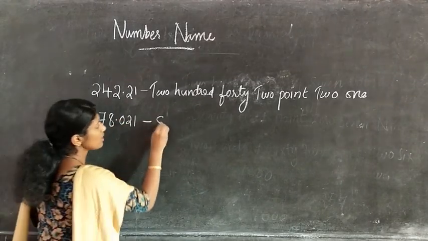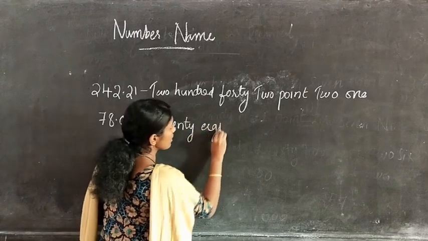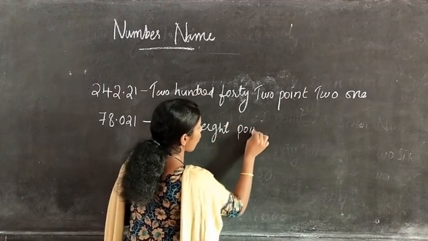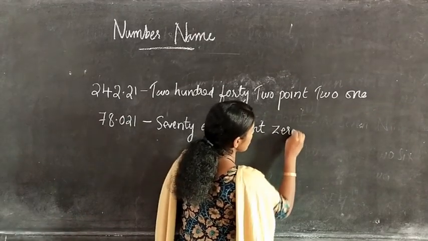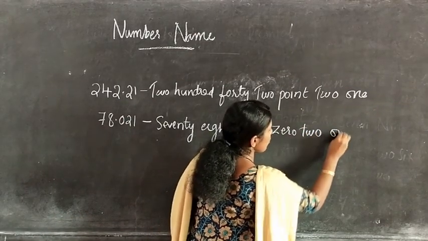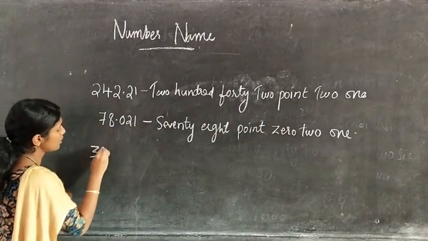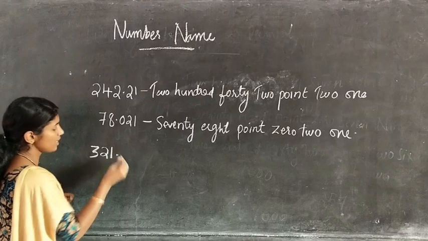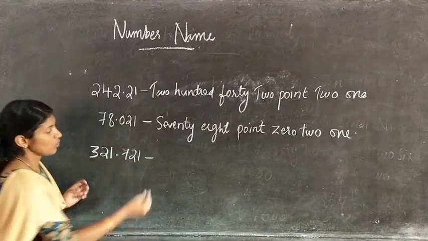So we have to write the number name. And one more, 321.721.